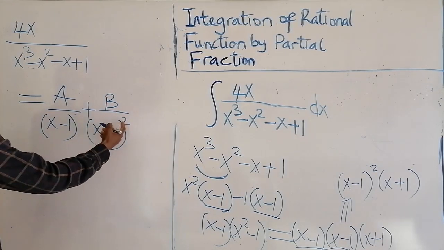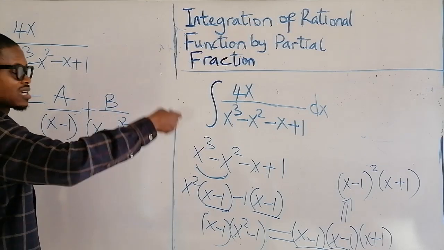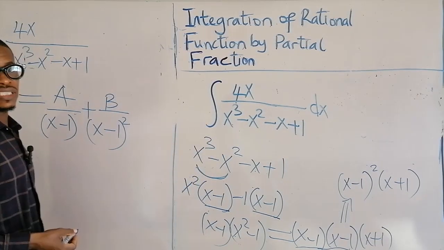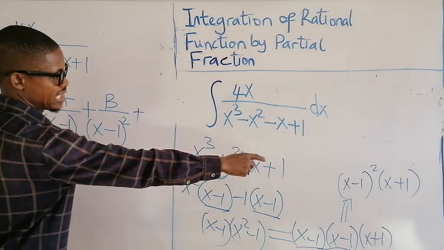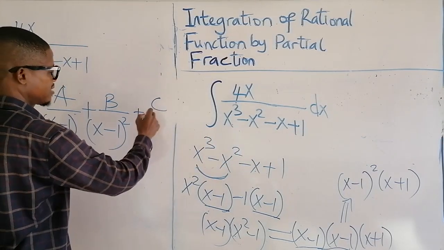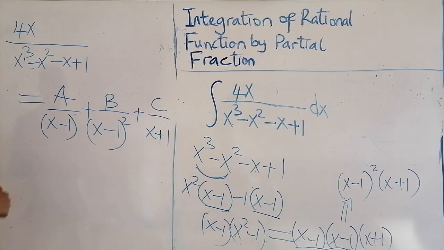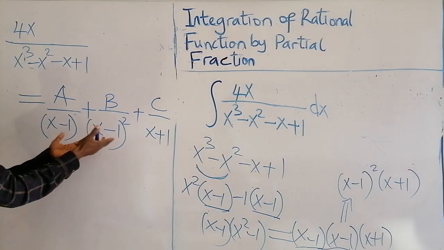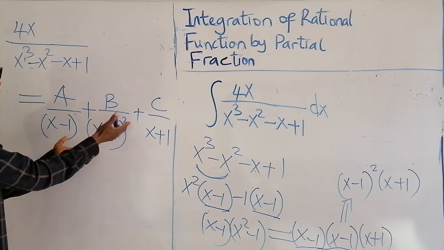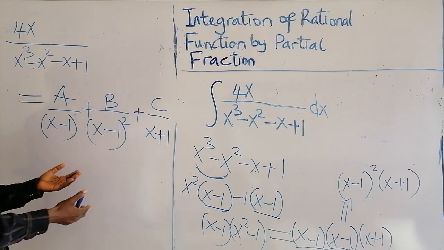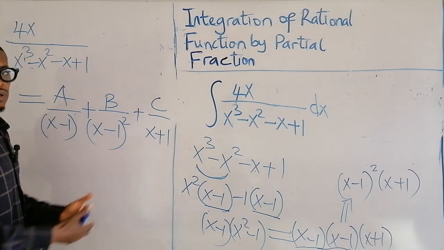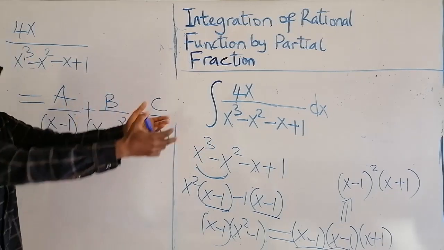So if you have power 3, the next one will be C over x minus 1 to power 3, and then plus another linear factor, that's C over x plus 1. On repeated linear factor, you start with power 1 and then power 2. So that's where the power stops. Power 1, power 2. If it's power 3, it's power 4, up to that exponent.